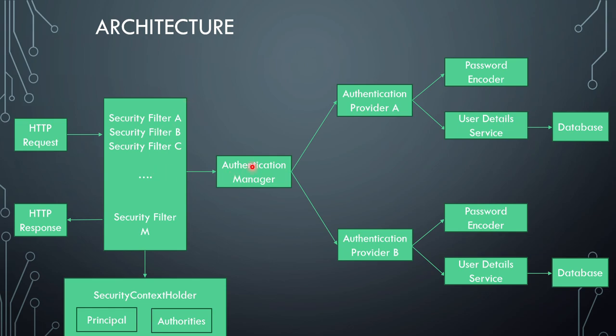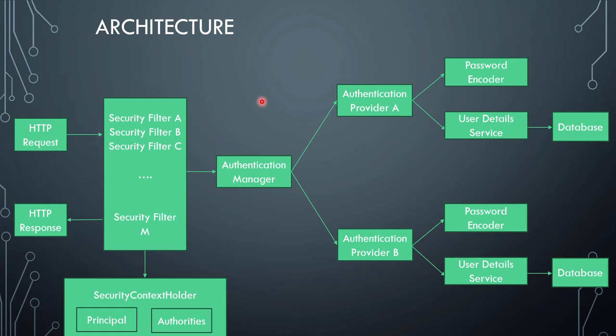The second component is the authentication manager. It acts as a central component that verifies user identities. For example, if we enter credentials in the web form, it is going to verify the user identities, coordinate the authentication process, and delegate the authentication to the authentication provider component.